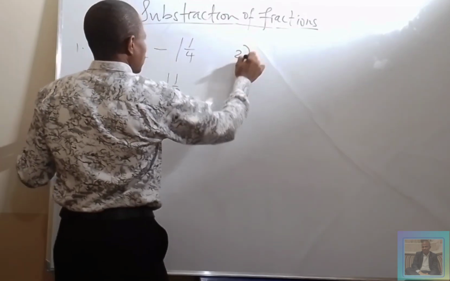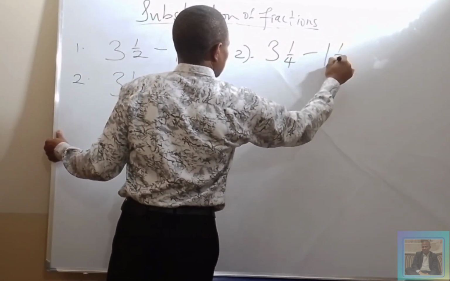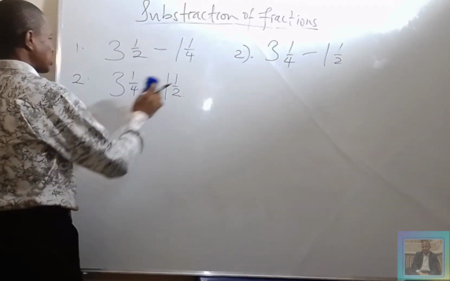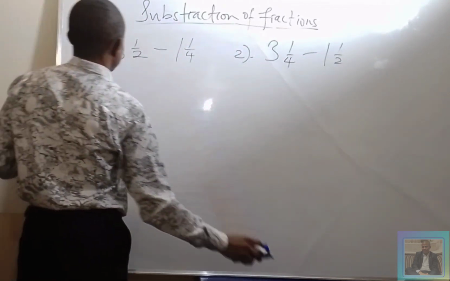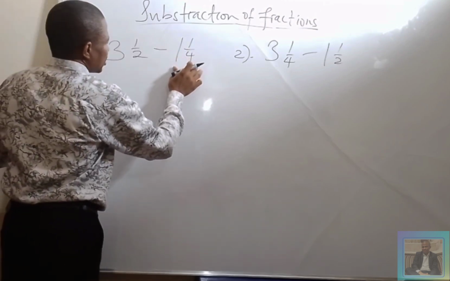We are going to do these 2 questions together so that we will understand what I mean. Let's do the first question. Question number 1: 3 and a half minus 1 and a quarter.